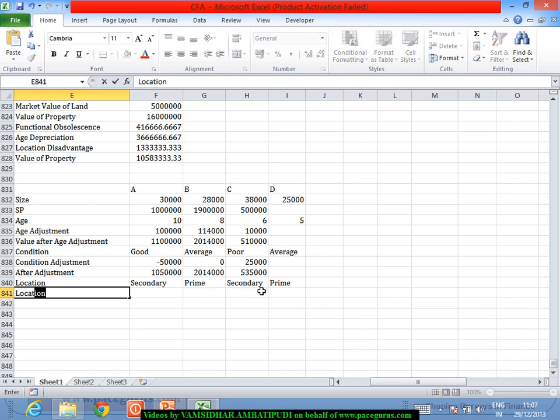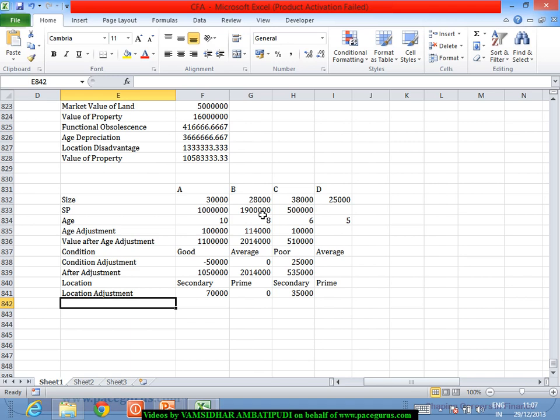If this particular property had been in a prime location, the price would have increased by 7% more. So if this is in secondary, I will increase it by 7 more percent. And because this is already in prime, I will not disturb it. Because this is in secondary, I will increase it by 7 more percent.